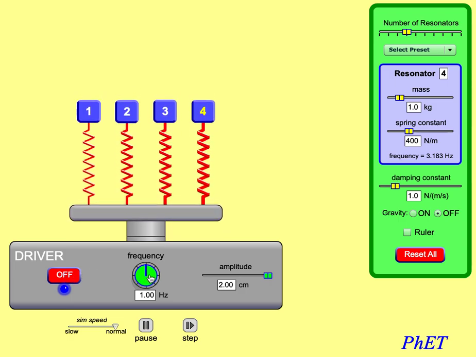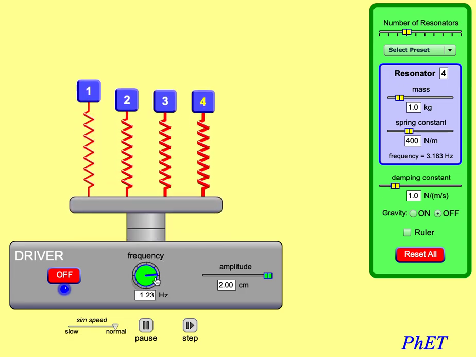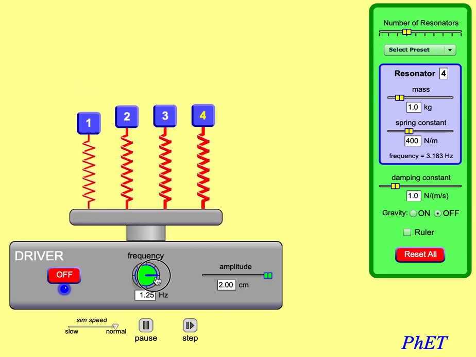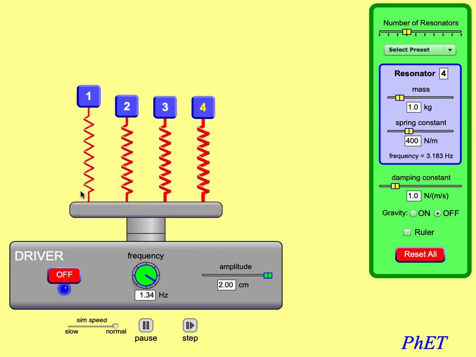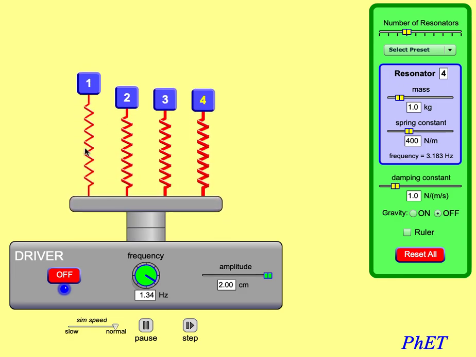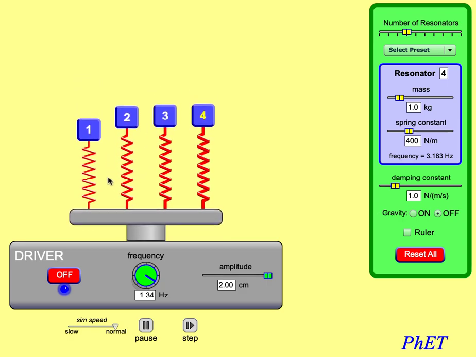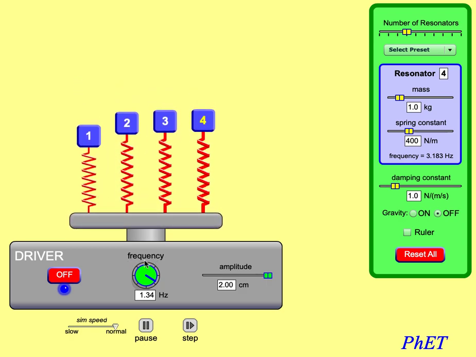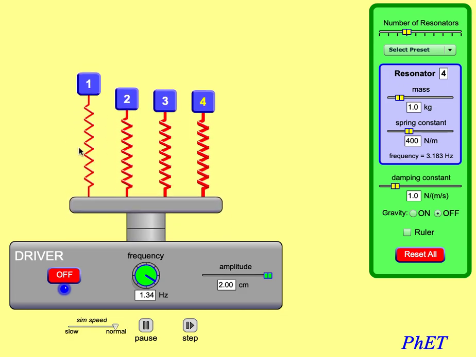So now let's go ahead and increase the frequency. So what you notice is that mass 1 here is vibrating a lot more than the other ones. The reason why is because the frequency of this box or this driver matches the frequency of this first spring here.